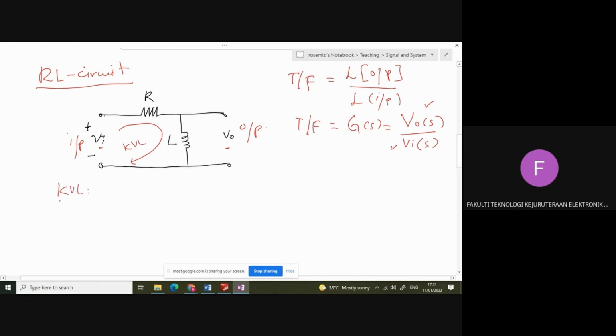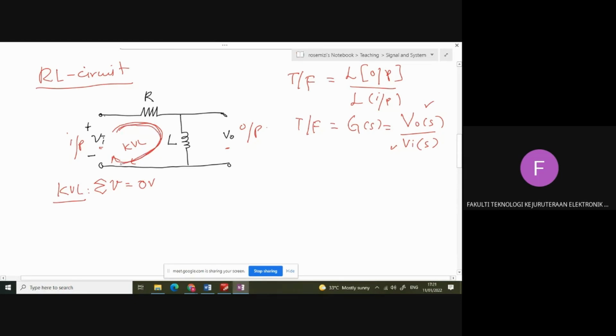What is KVL? Kirchhoff voltage law mentions that the total voltage in a closed loop, this one is a closed loop, is equal to 0.